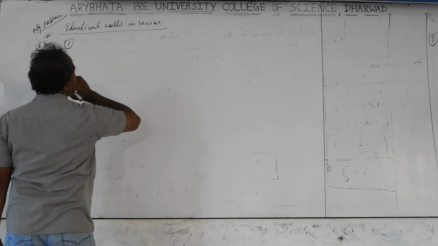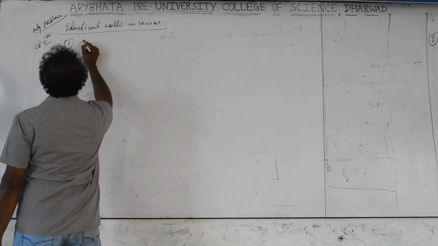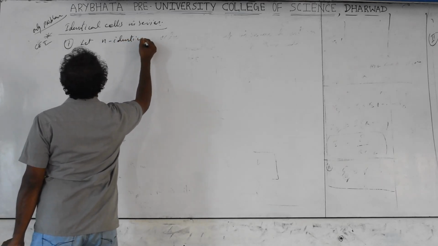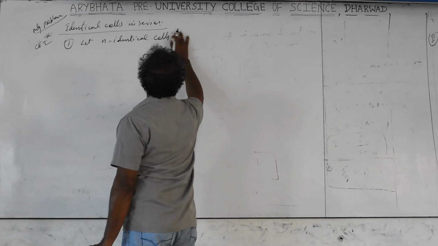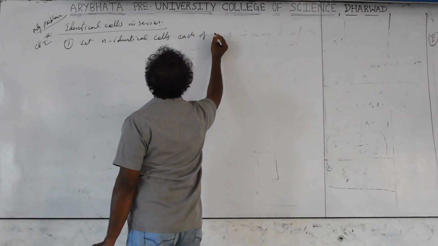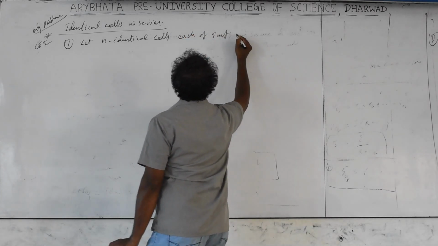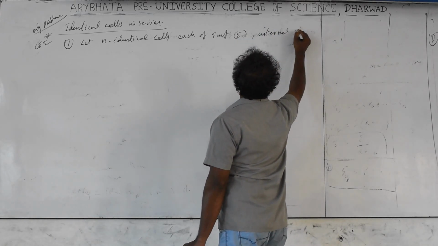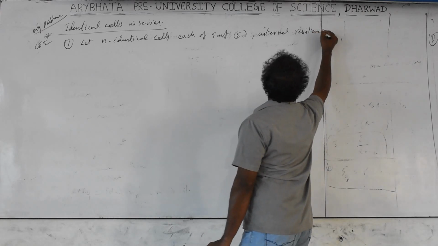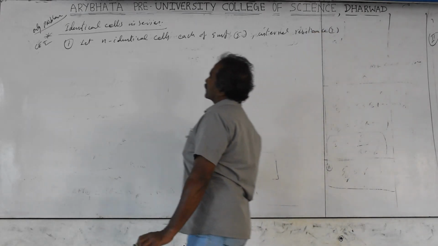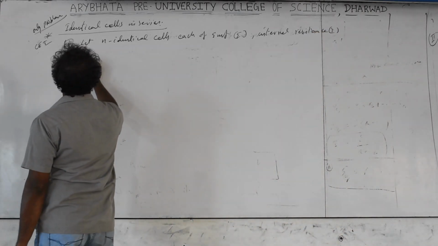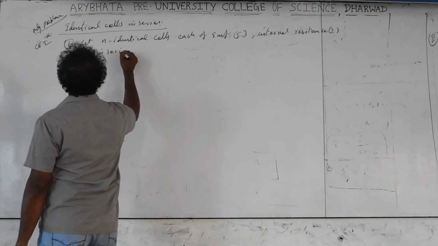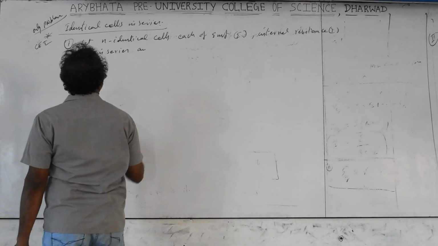First we will take all cells in the same order. Let n identical cells, each of EMF E and internal resistance r, be in series and in order, with EMFs in the same direction.